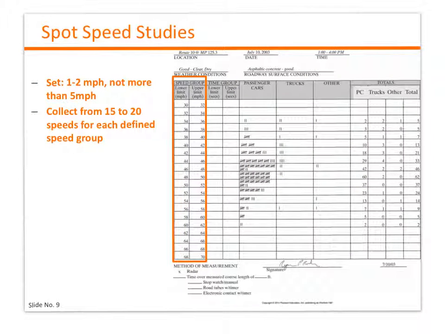Here we can see a form that we typically use for spot speed studies. For the first two columns, you would see we need to have a speed group. What I mean by speed group is, before going to the field, you are interested to know how many vehicles are traveling at certain segments of speed.